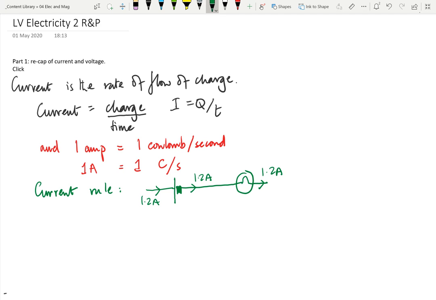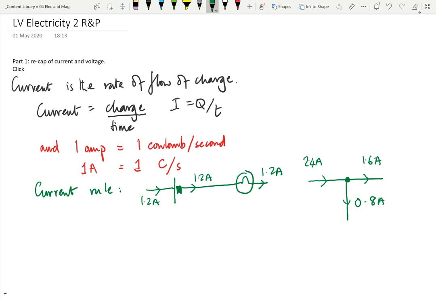However, if you have got a junction, let me show the junction with the blob, it's easiest to look at this with an example. If you've got 2.4 amps coming along here, and 1.6 amps goes that way, then 0.8 amps must go this way.